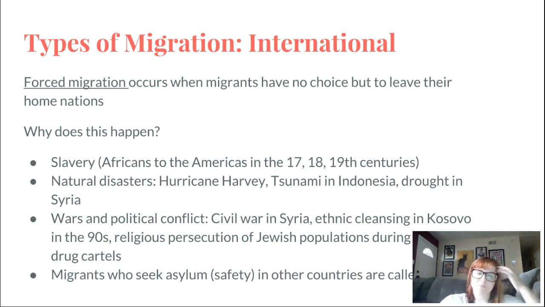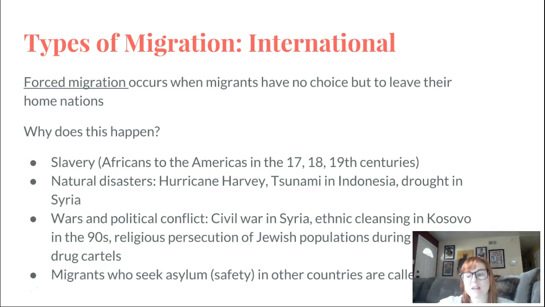And then something else: when a migrant is looking for safety in another location, we call that asylum. An asylum seeker is somebody who is searching for safety, and those people are refugees. You probably have heard some talk about refugees if you watch the news, and that simply means that they are forced to migrate, and oftentimes they get out as quickly as possible, and they aren't totally sure where that asylum is.